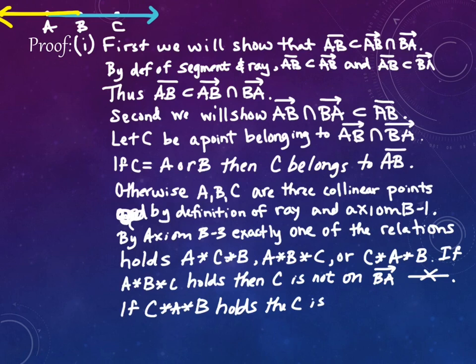Right, then C is not on AB. These are the three cases, right? And we said those can't be true. So what does that mean? Thus, A star C star B holds, because there were only three choices, right?